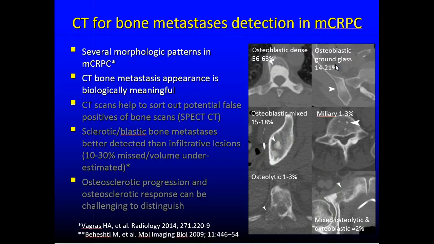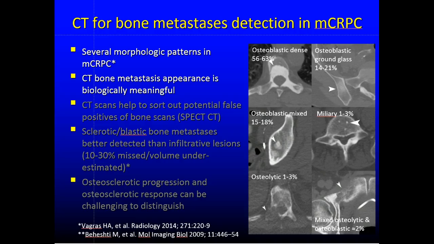Now, we know that there are several morphological CT patterns in castrate-resistant prostate cancer, and here are the prevalences of some of these patterns, and we know that these patterns are biologically meaningful.